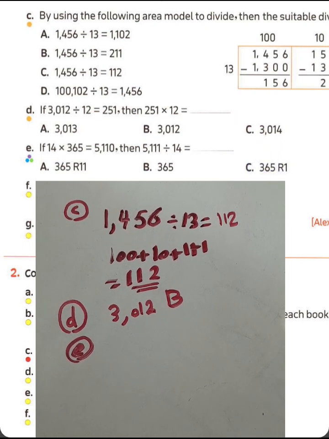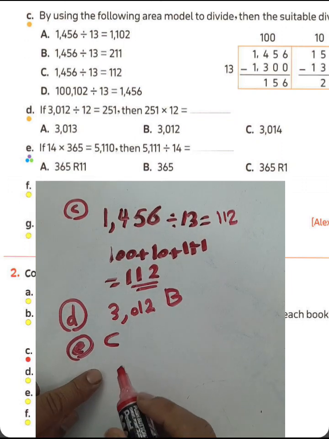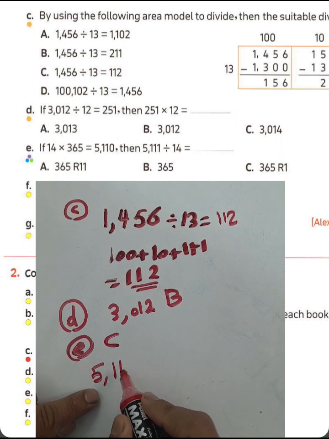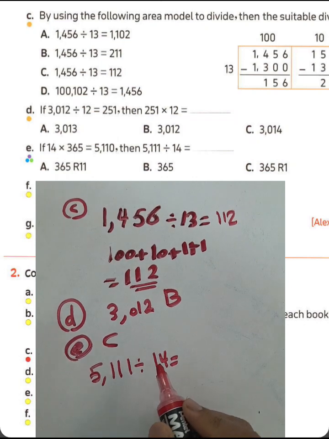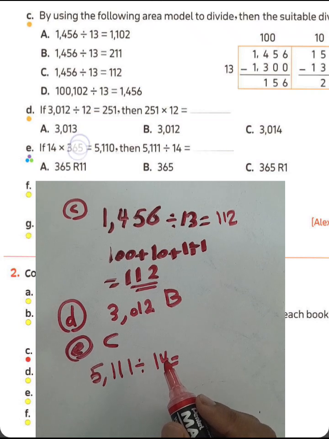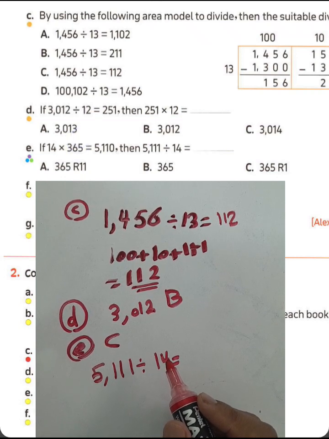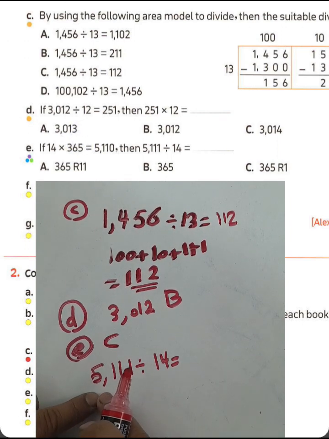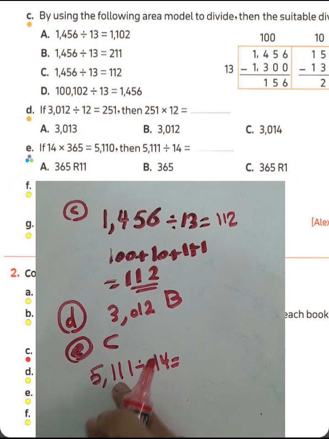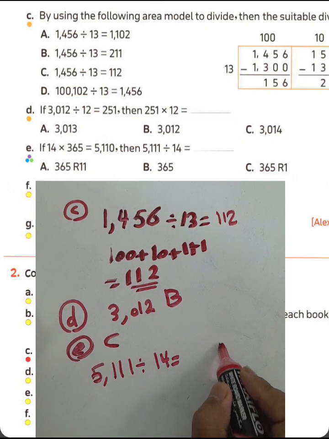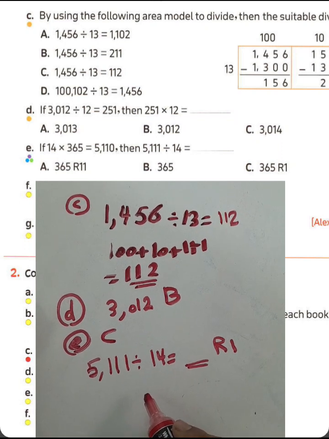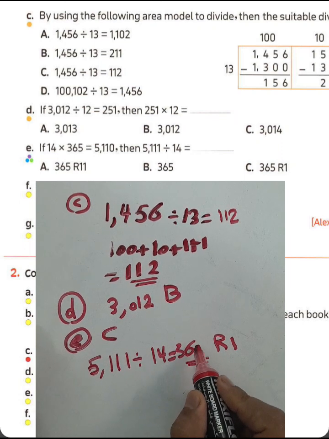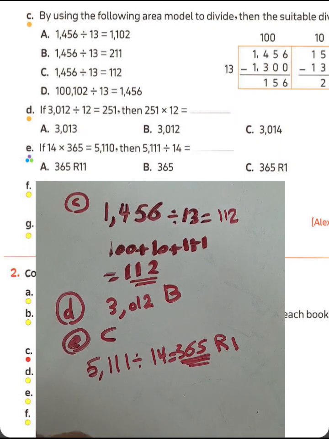Choose letter C. Again, we can find the result by this example: 5111 divided by 14. 14 by 365 equals 5110, but it was 5111, so the difference is 1. Then the remainder will be 1, and the quotient will be 365. Okay, choose letter C.